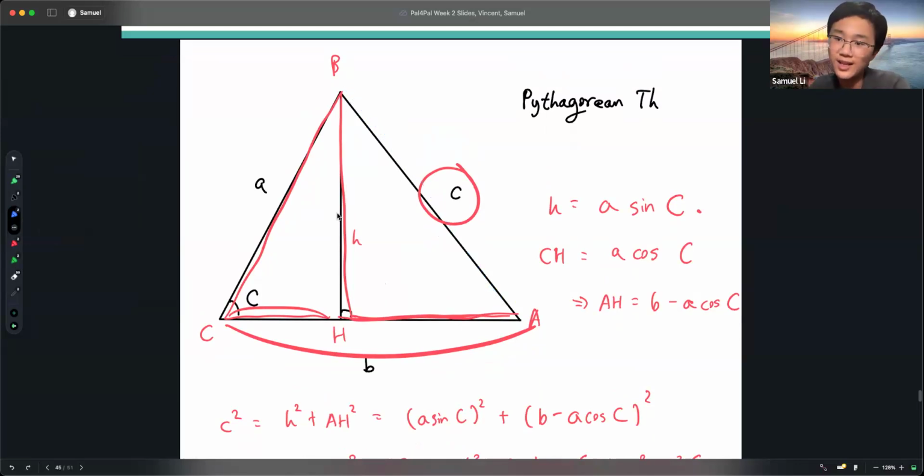Because sometimes the length that you want to compute cannot be computed in one step. It has to be computed in multiple steps. For instance, to compute the length of AB, which is just C, you need to first compute BH and AH.